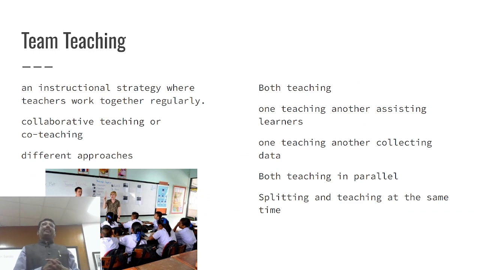Team teaching is another technique of teaching. Very briefly, one teacher is teaching in the class, two teachers are teaching, three teachers are teaching. All the two or three teachers are teaching the same concept, either in the same class or differently.